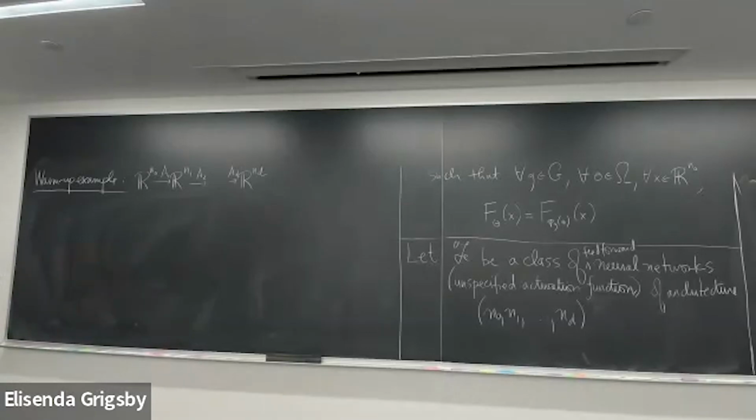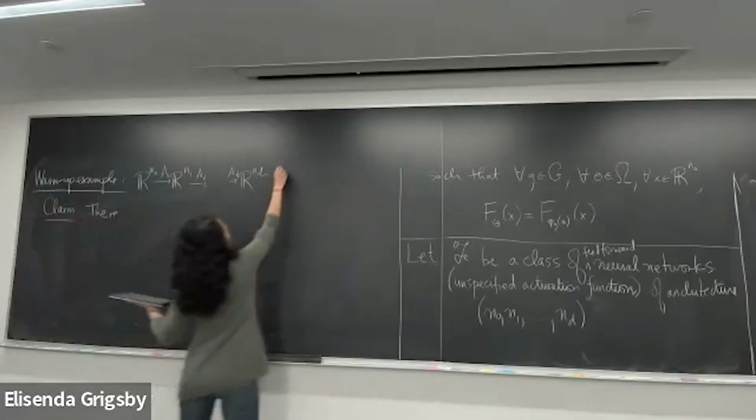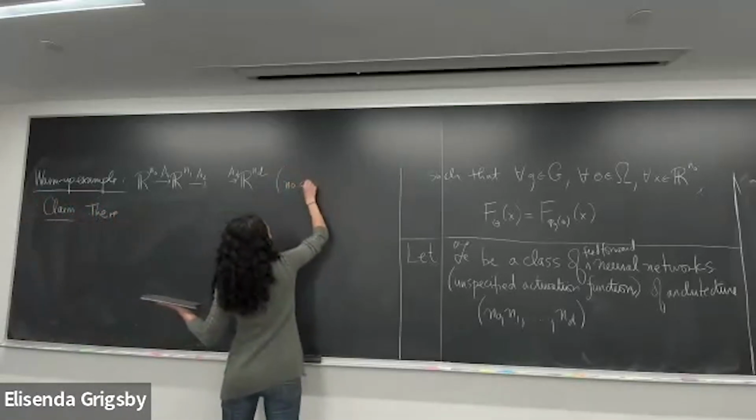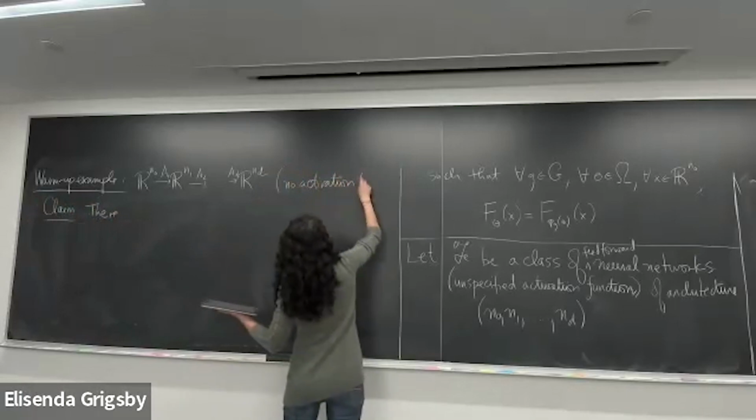You just have affine linear maps. Okay. So the claim is that there's an obvious action. No activation function, or sometimes you say the activation function is the identity.